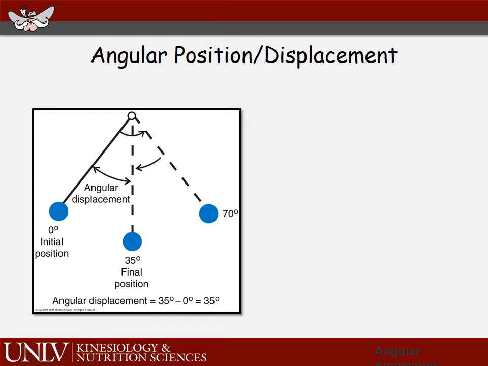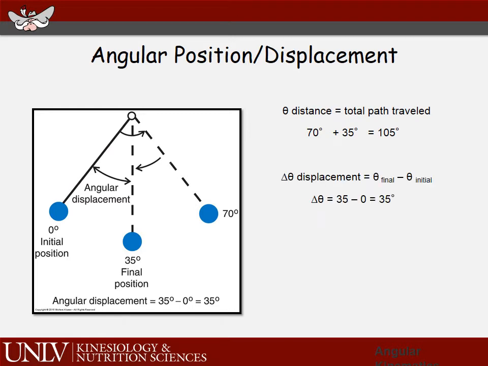The total path traveled, or the total angular distance, is 70 plus 35 degrees, so 105 degrees total. But as you can see on the diagram here, the displacement is only the final position, which is 35 degrees, minus the 0 degrees, so 35 minus 0.